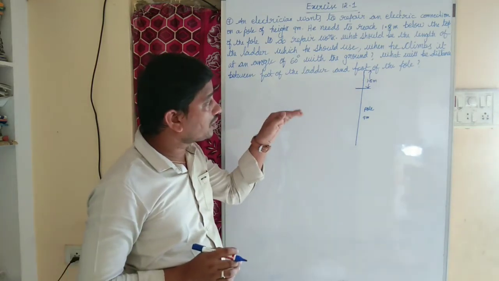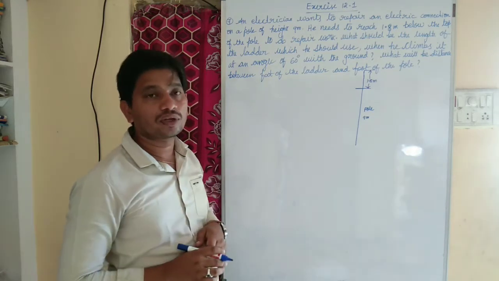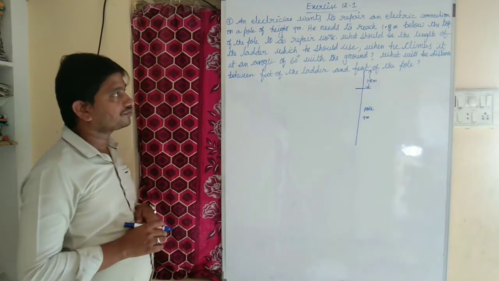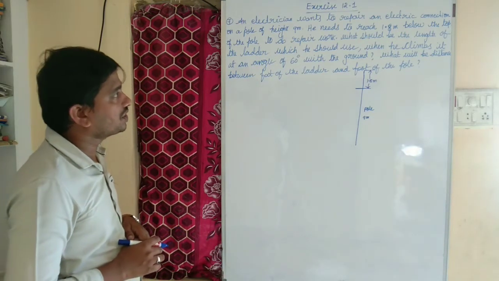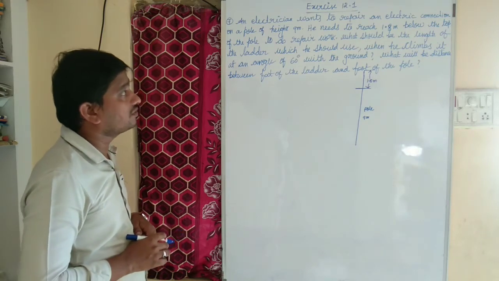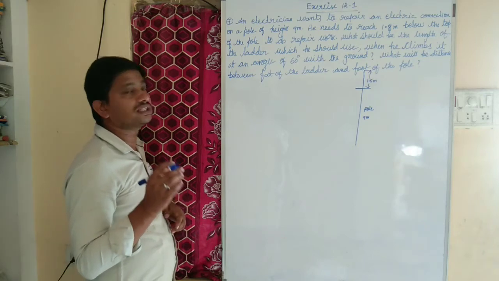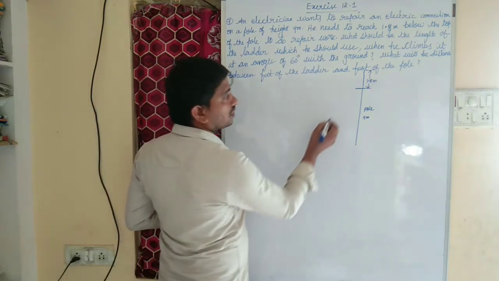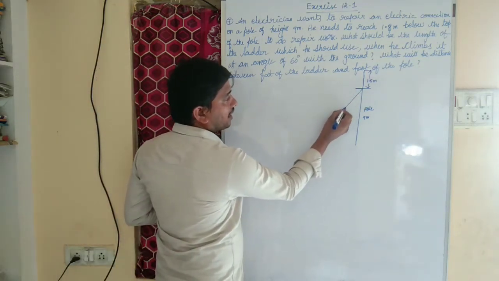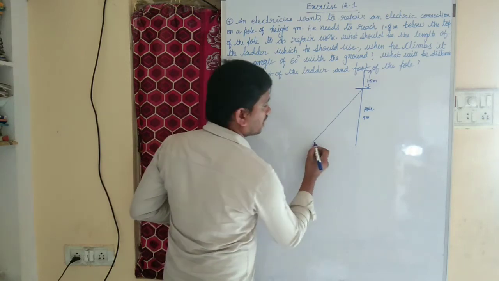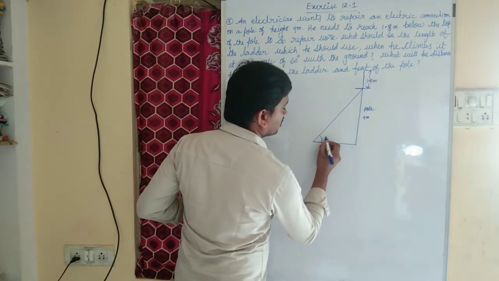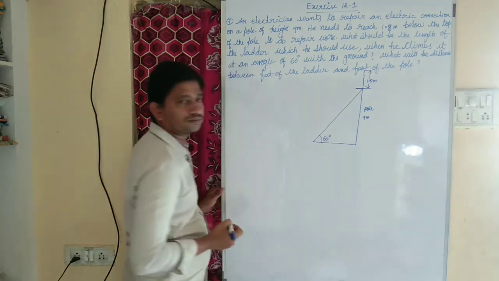So that is 1.8 meters below the top of the pole. Now what should be the length of the ladder which he should use when he climbs it at an angle of 60 degrees with the ground? So he will place the ladder like this with an angle of elevation of 60 degrees with the ground.